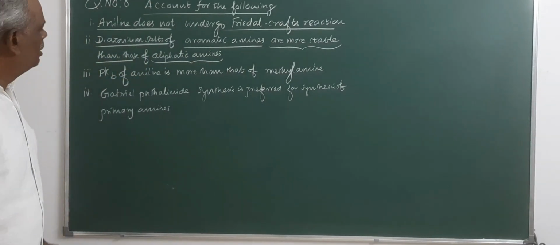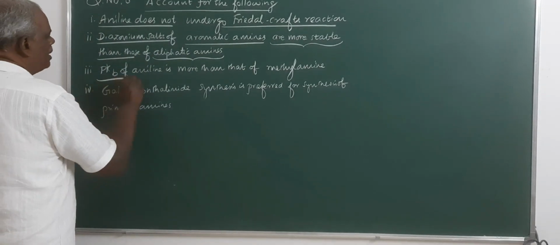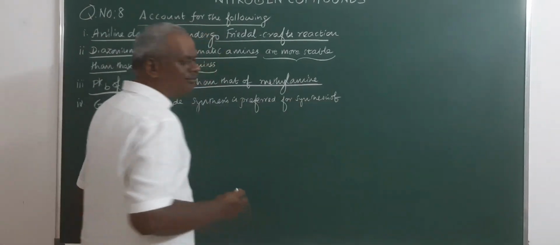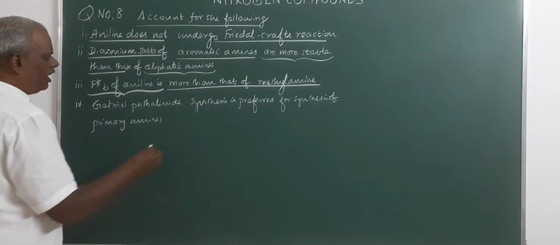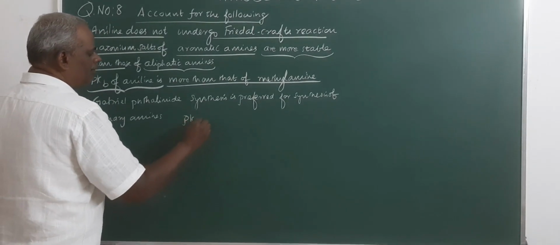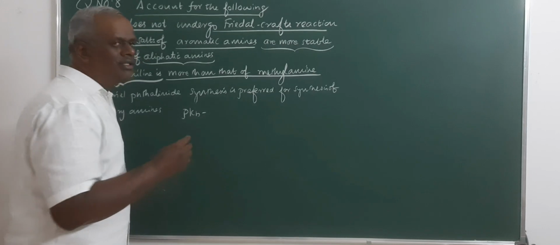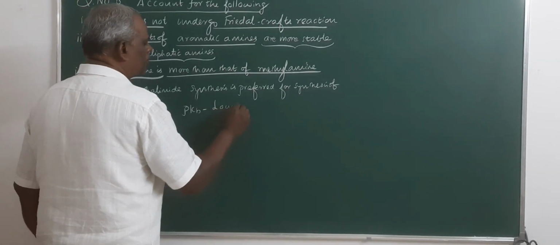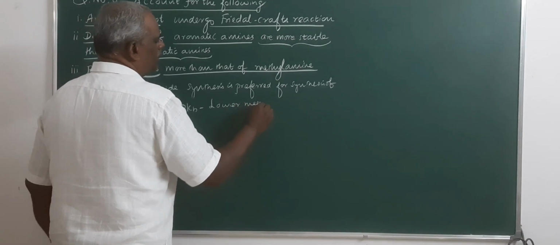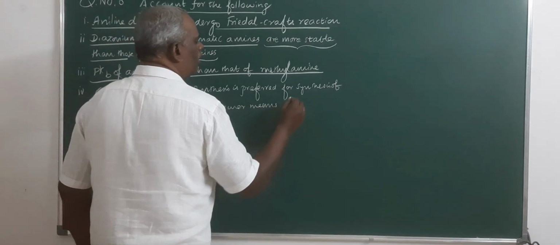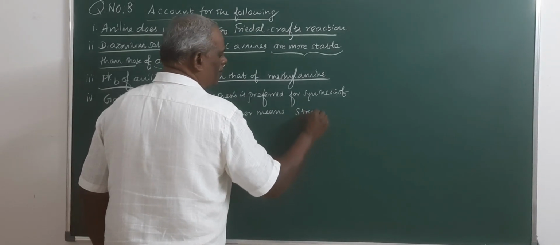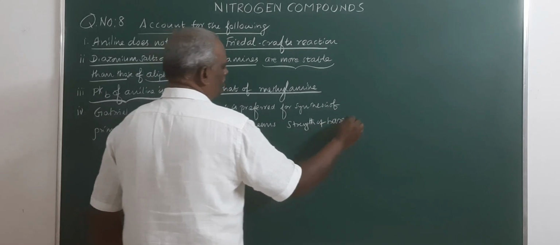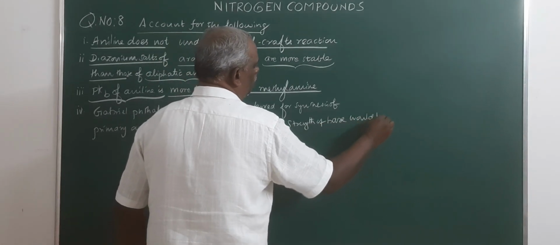See, the pKb of aniline is more than that of methylamine. pKb is a parameter which decides the strength of base. pKb is lower, means we can say the strength of base would be greater.